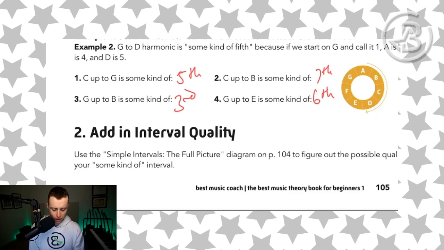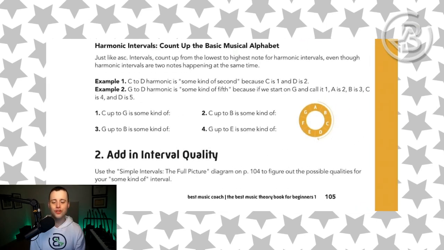So whenever you're trying to identify or talk about an interval, the steps you've learned so far is first to look at the direction of the interval. Is it ascending or descending or harmonic, or is it a unison? Once you know the direction of the interval, if it's ascending or harmonic, then you do some kind of interval to figure out the distance from the lowest note to the highest note.